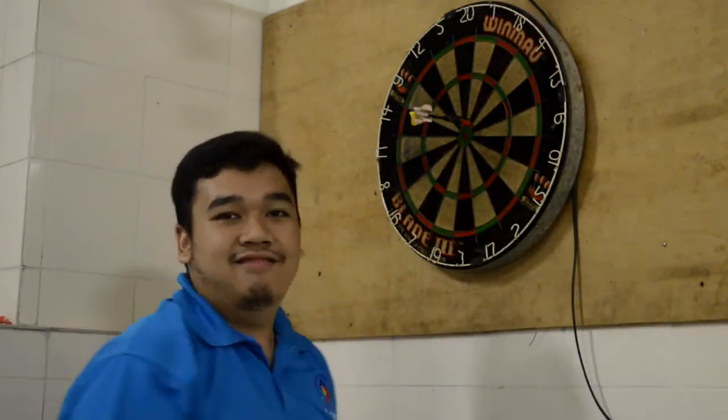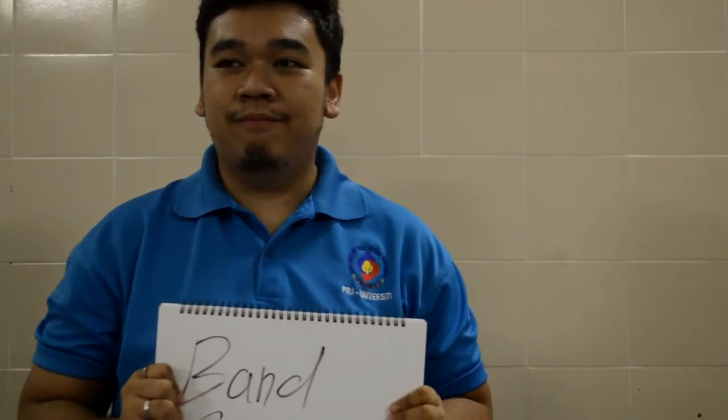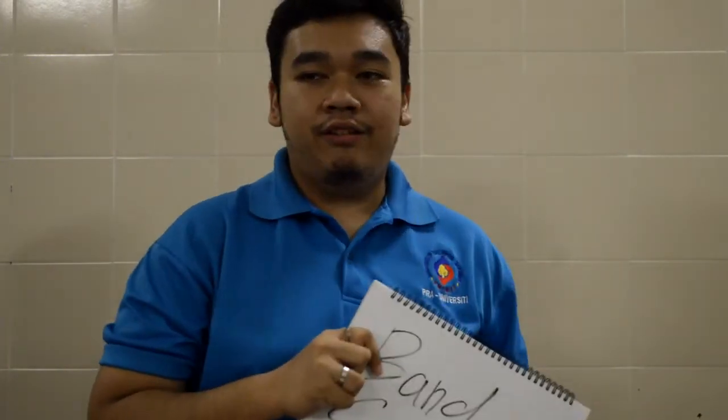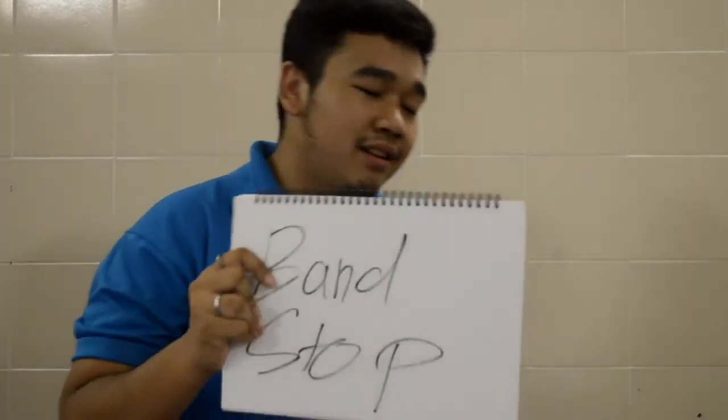Now I'm going to talk about band stop. Band stop has many names: band reject, band elimination, and notch filter. Band stop is technically the opposite of band pass, which is explained by Tim.